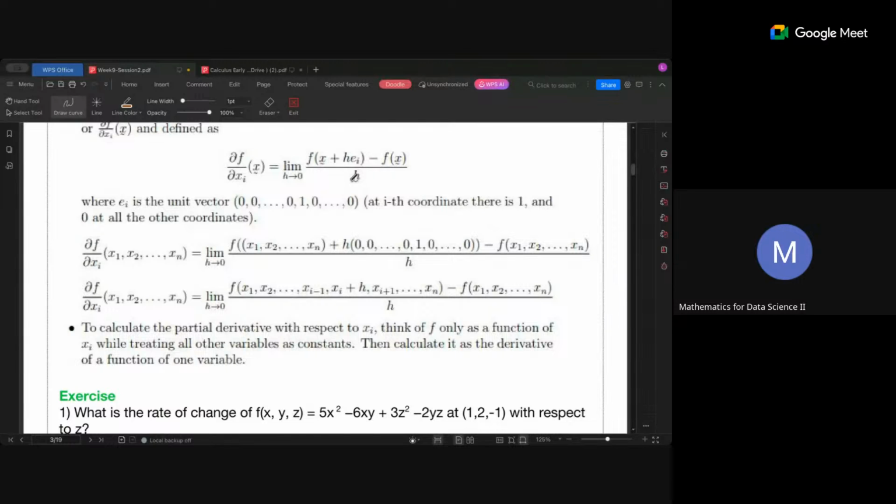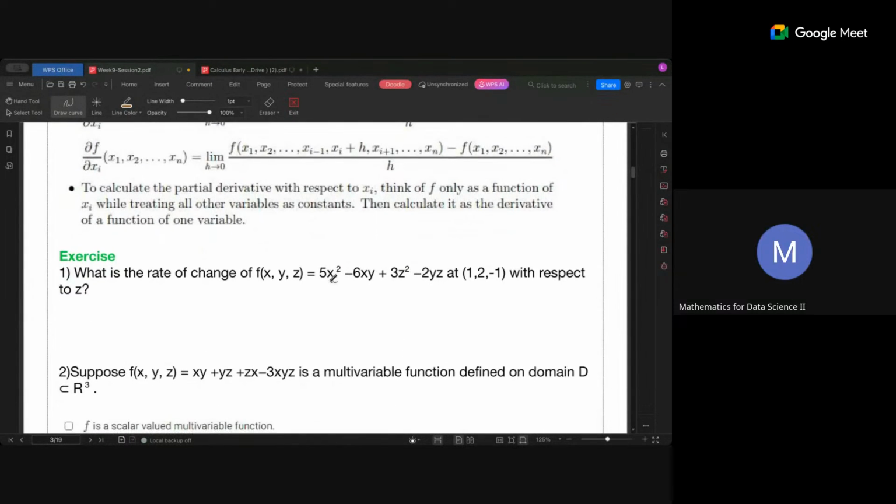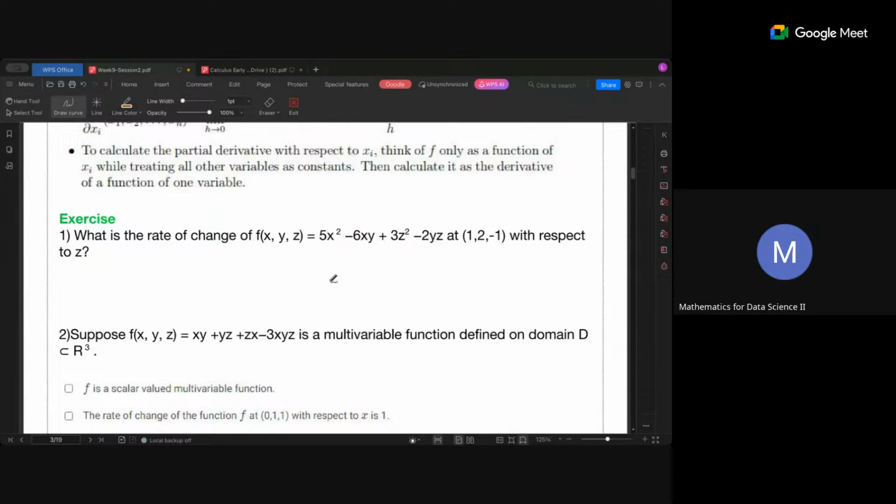In very special cases, you have to be careful, because sometimes you have piecewise functions, or you have some problem with continuity at that particular point. So in those cases, you have to use the limit definition. Maybe we have some examples like that; at that time, I will tell you about it. But in general, you can use the general derivative formulas for finding the partial derivative.